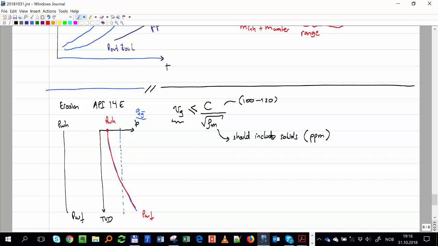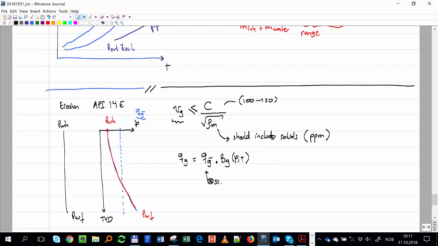Okay, pressure, rate. So how does the local rate behave? What is the definition of the local rate, if you remember? QG local equals QG at standard conditions times BG, right? And BG depends on pressure and temperature.